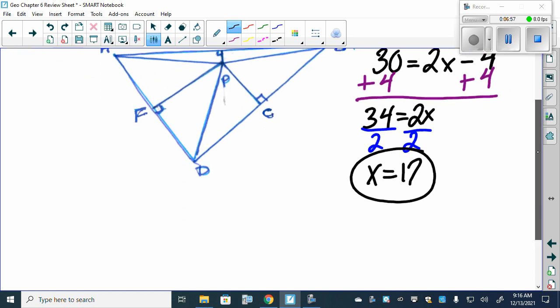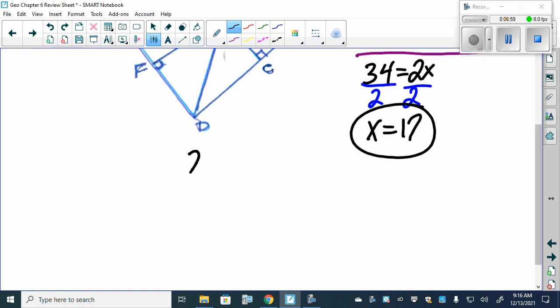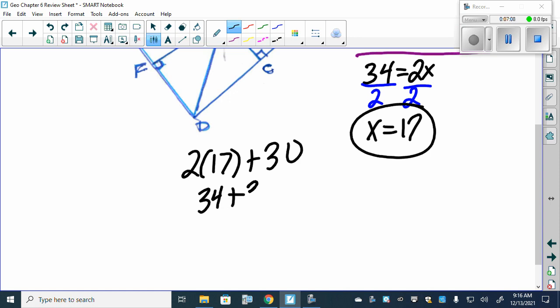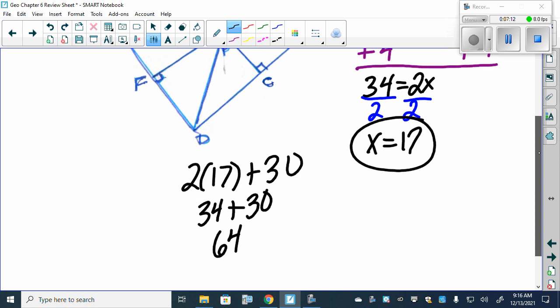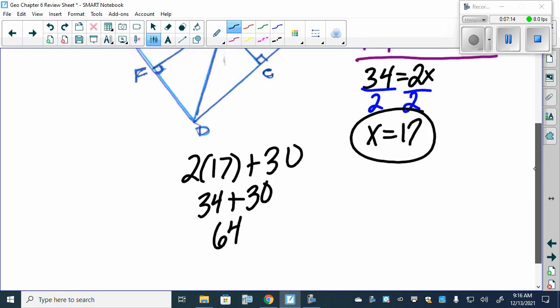So we can do 2x plus 30, so we can say 2 times 17 plus 30 to find out the length. 2 times 17 is 34, plus 30 is 64, and we wanted to know the length of AP.